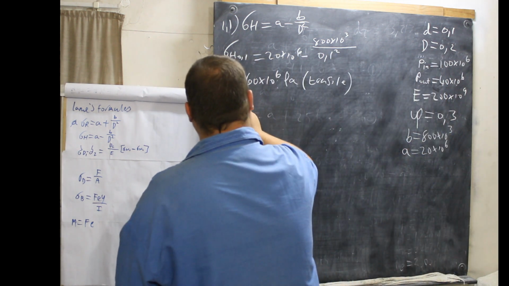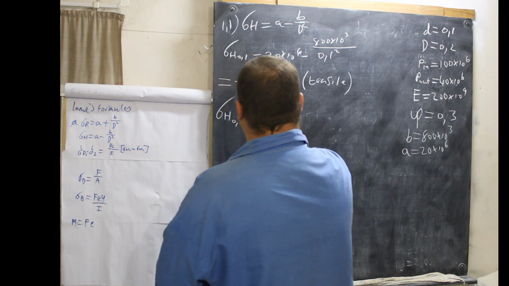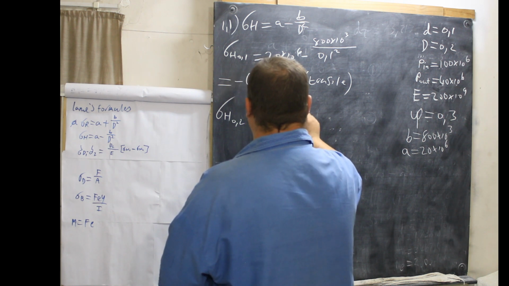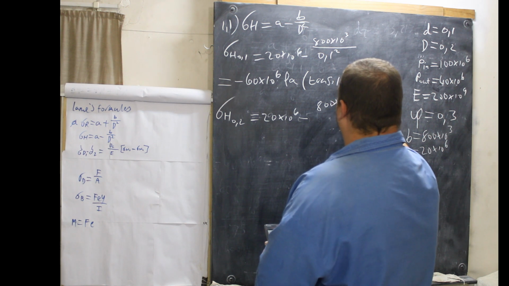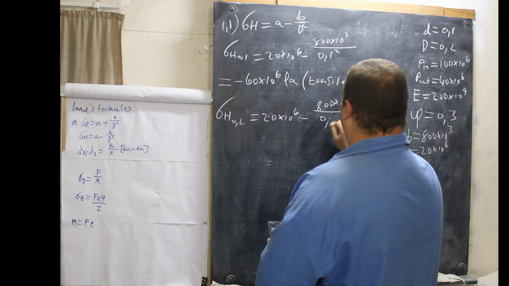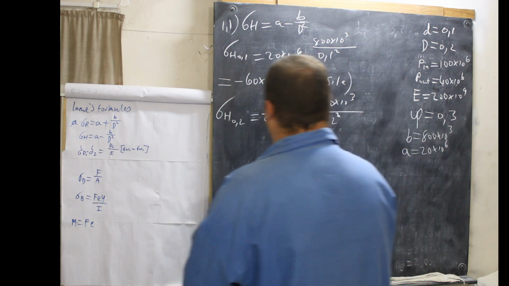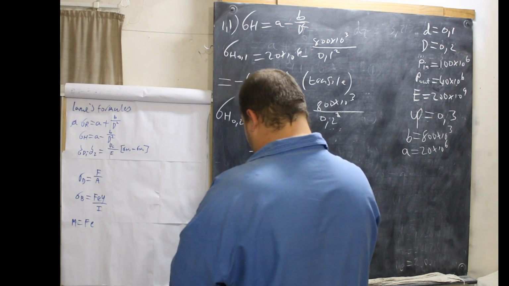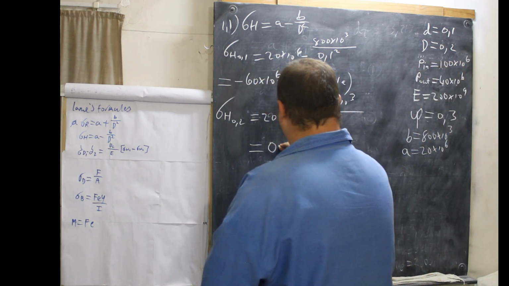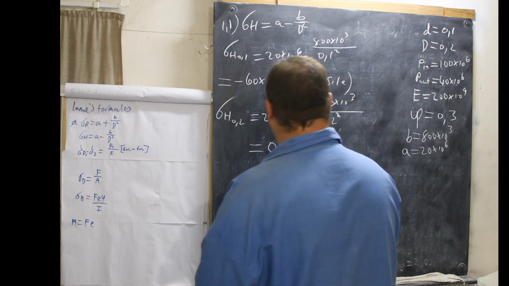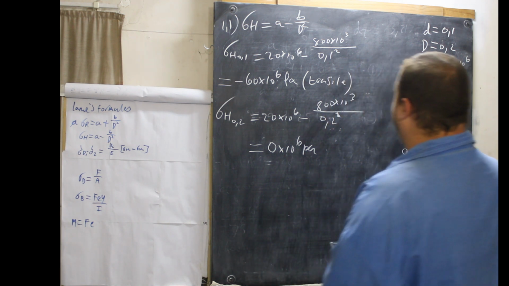Now, hoop at 0.2 equals 20 times 10 to the 6 minus 800 times 10 to the 3 over 0.2 squared. Put this in your calculator and you get 0 times 10 to the 6 pascals. Now, these will be important later.